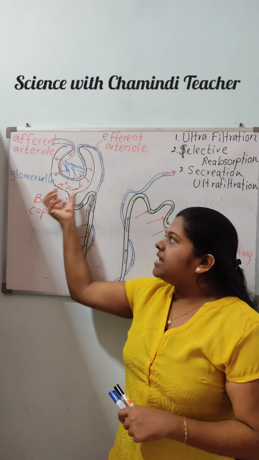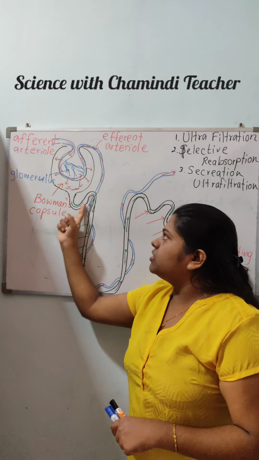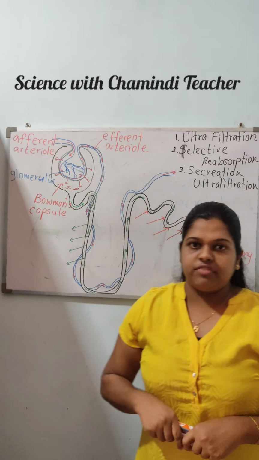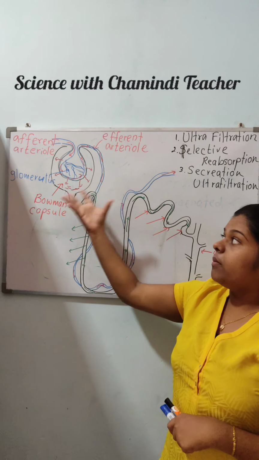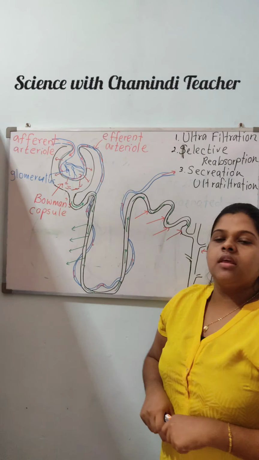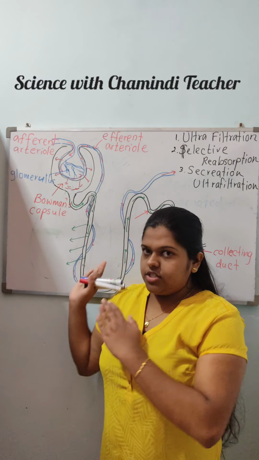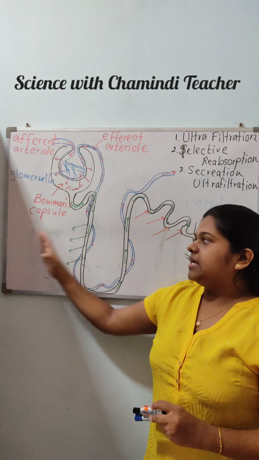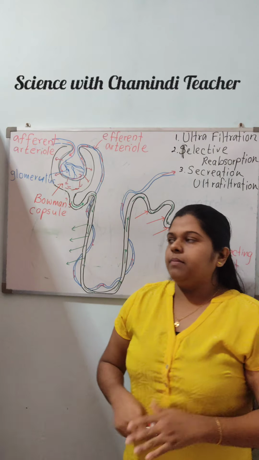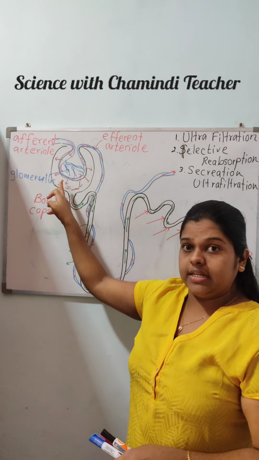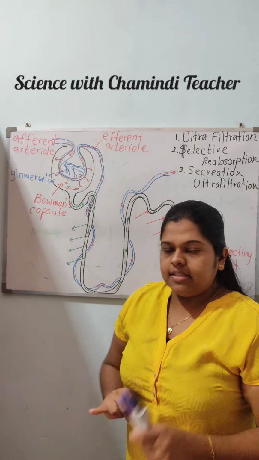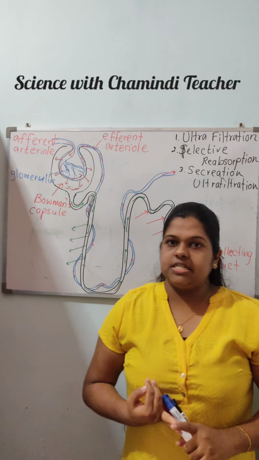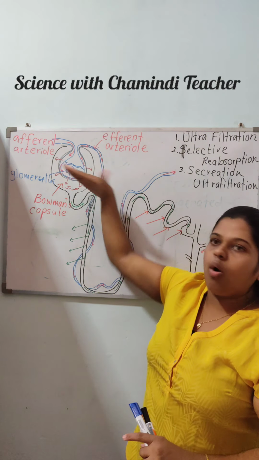Then the glomerular filtrate flows through the tubules of the nephron. Remember, blood cells and plasma proteins can't get filtered; they are not filtered through the inner layer of the Bowman's capsule.